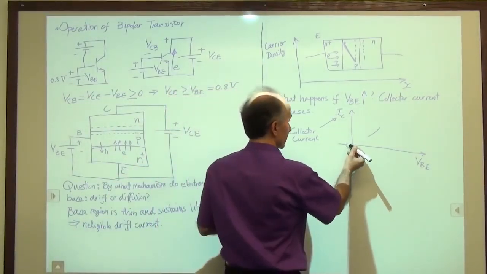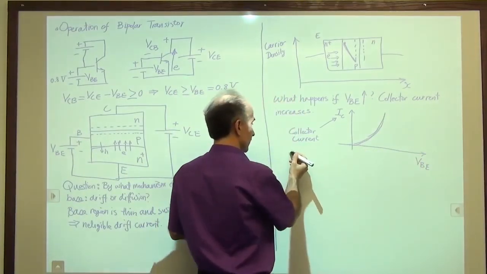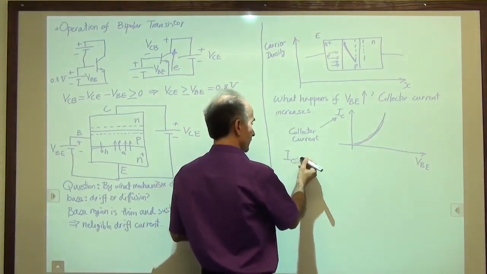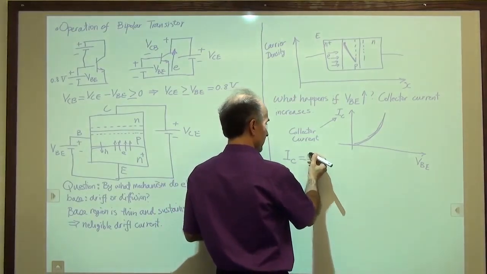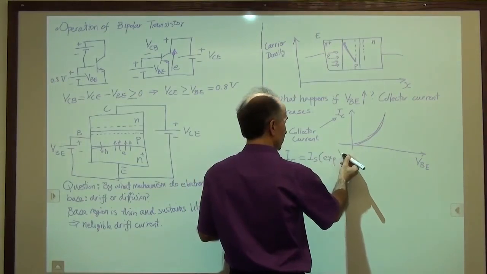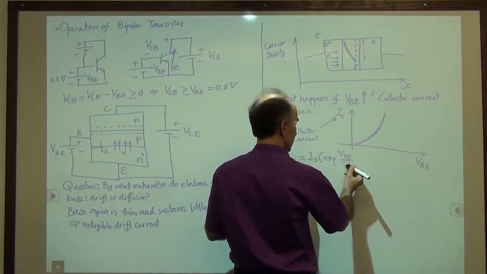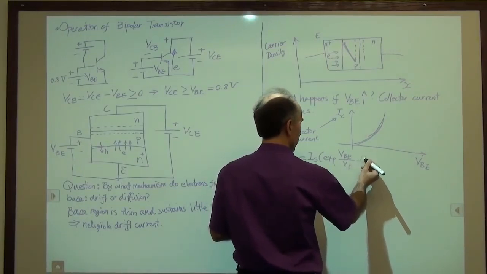So it turns out that this is an exponential relationship, and it's just given like this by IC is equal to IS exp of VBE over VT minus 1.